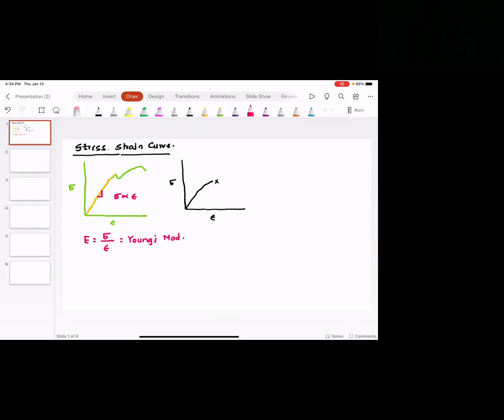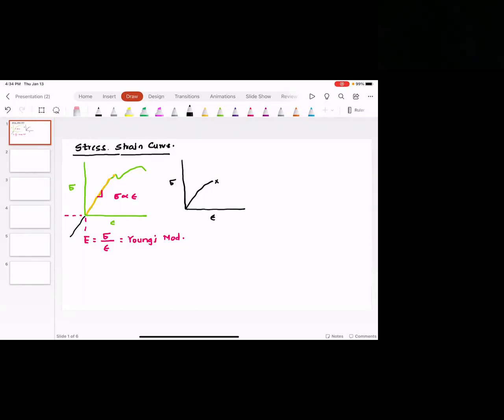And please understand, Young's modulus does not differentiate between compressive and tensile stress or compressive and tensile strain, which means even if the component is compressed, if you were to extend the stress strain curve in the negative direction, you are going to get the same Young's modulus.